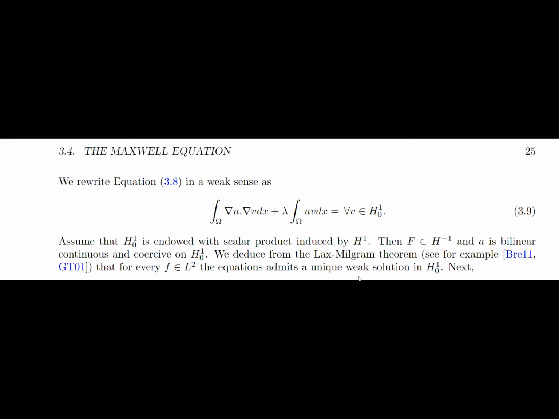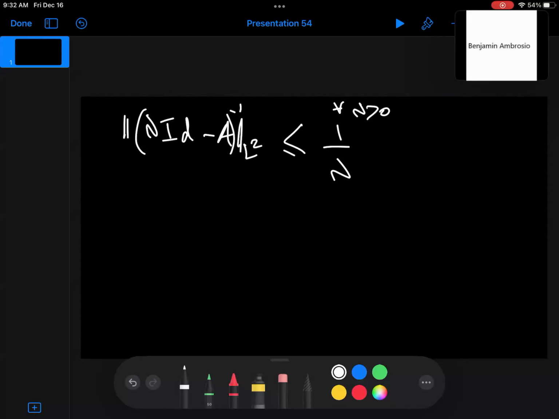So next, to prove the estimate, okay, the right hand side is not correct here. All right, so next we need to obtain this estimate for any positive lambda.